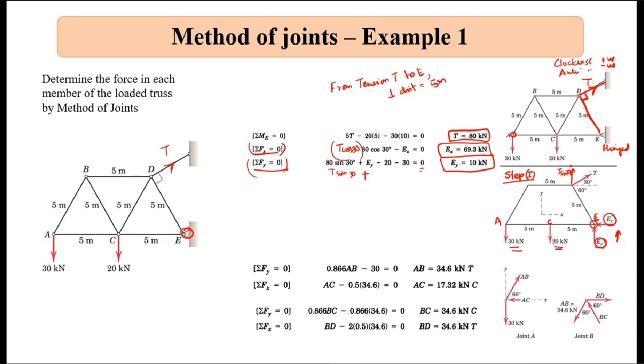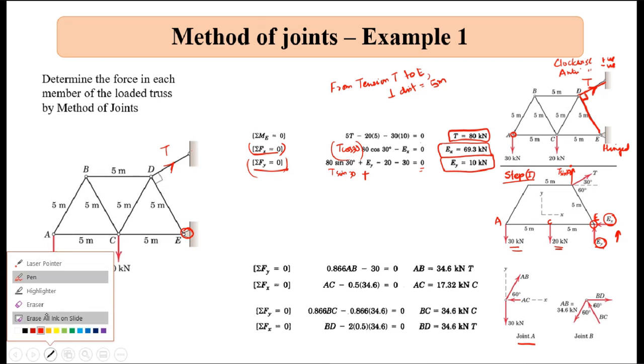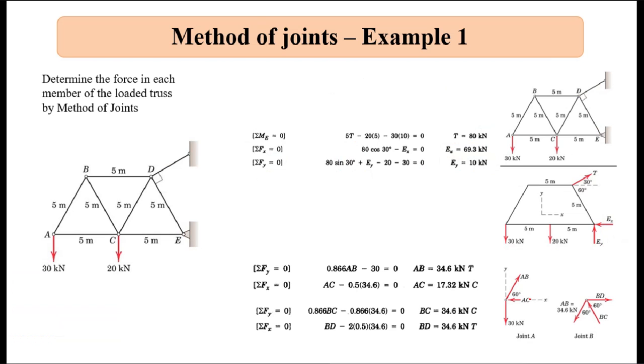Okay. Now let us move to each of the joints and start solving. Say first I move to joint A. This is my joint A, right? 30 kilonewton is acting here.